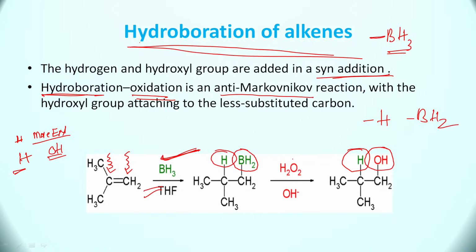When you treat with H2O2, it's an oxidation of BH2. The BH2 will be replaced by the OH group. So finally there is a hydroboration, addition of BH3, and there is an oxidation. After oxidation you will get alcohol. So from alkenes you can easily prepare alcohols by using hydroboration method.